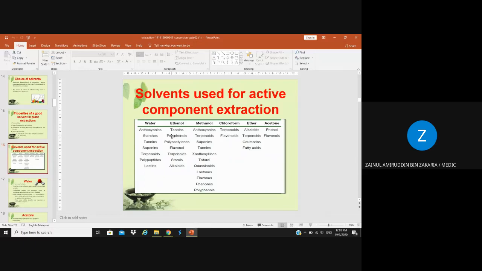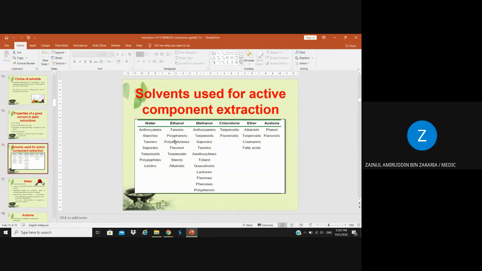The procedure is very extensive. It is normally a PhD process, a three-year process. If you do a PhD, you can do isolation of bioactive compounds from zero, from crude extract until you get the pure compound. In my case, when I do crude extract, I normally use ethanol as the crude extract.